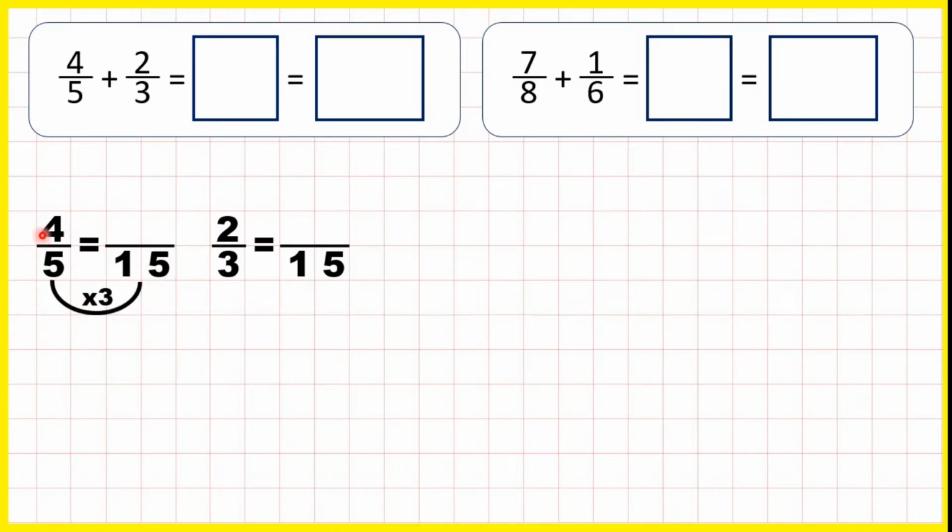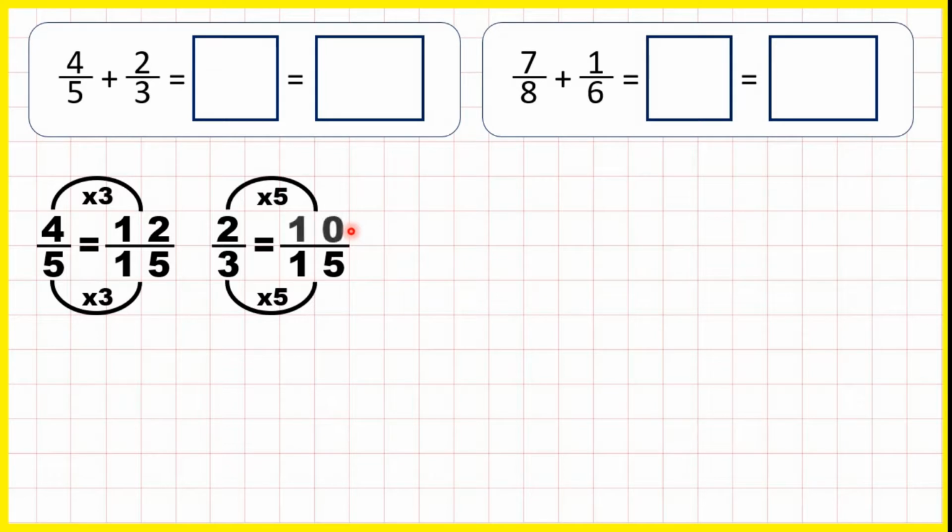5 times 3 is 15, 4 times 3 is 12, 3 times 5 is 15, 2 times 5 is 10. So we can rewrite our question. Instead of 4/5, we can write 12 over 15, and instead of 2/3, we can add 10 over 15.